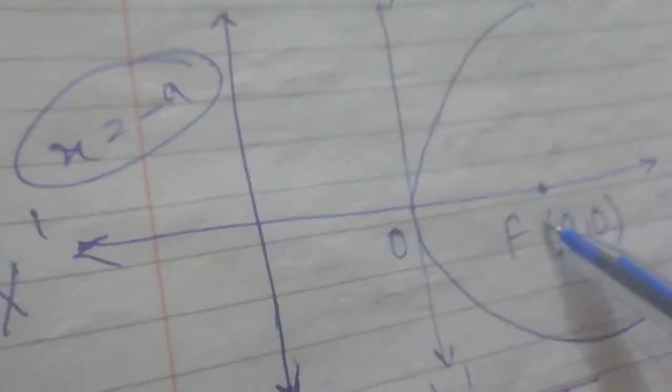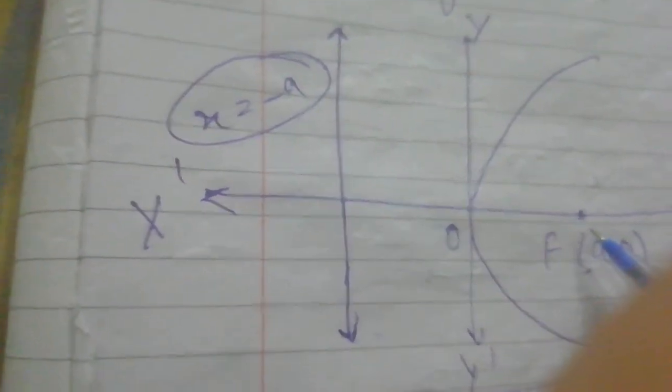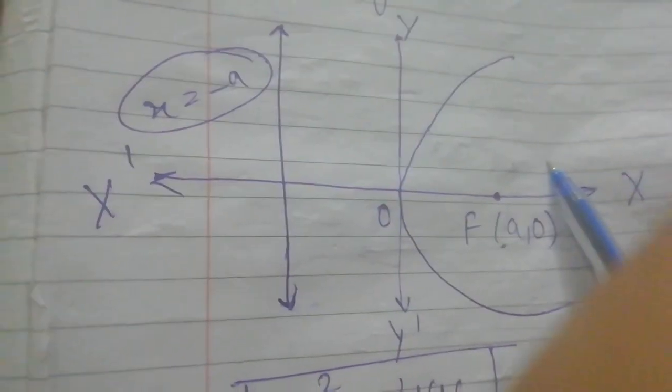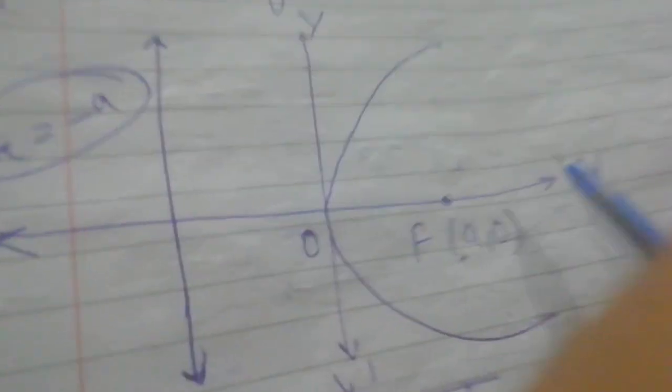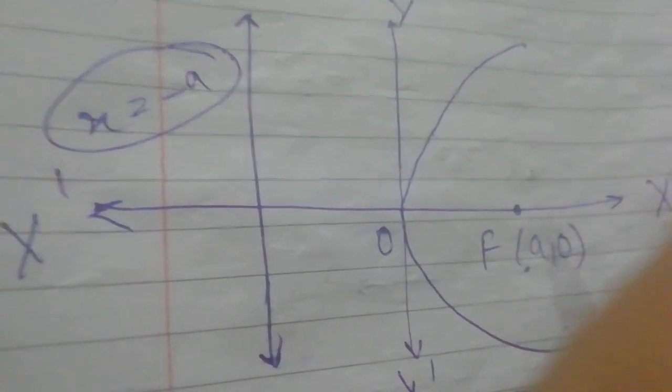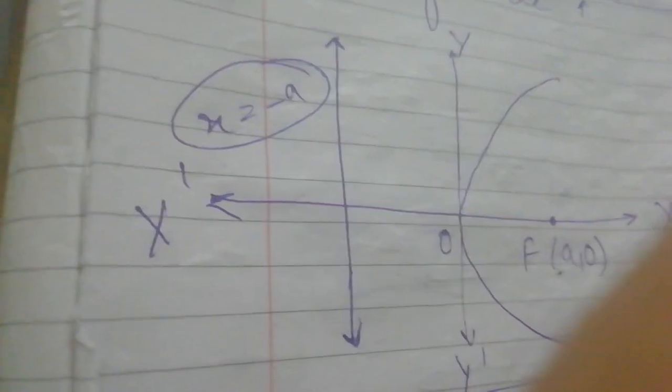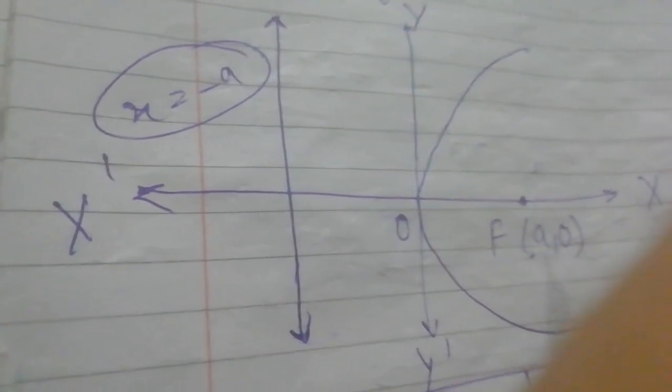We call it a parabola. The parabola has a shape that looks something like this, with my bad drawing right up there.